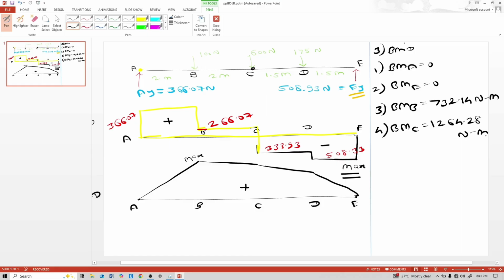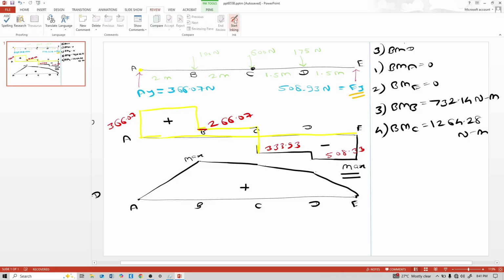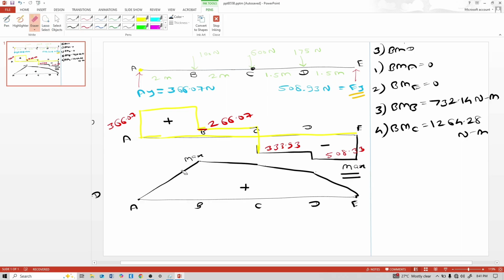So my SFD shape is wrong. That's why my BMD shape is also wrong. My BMD shape is like this.